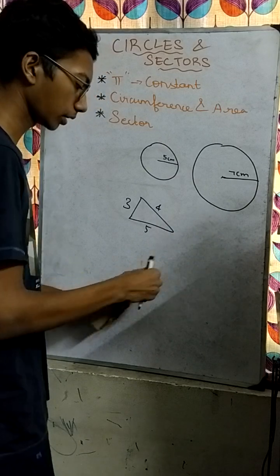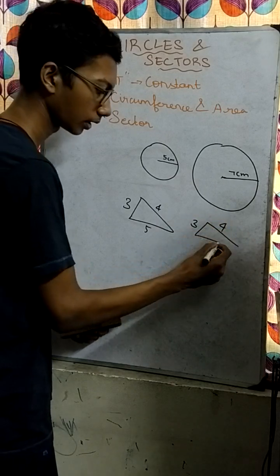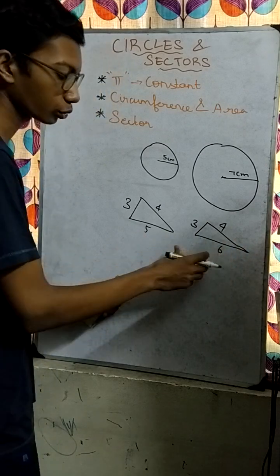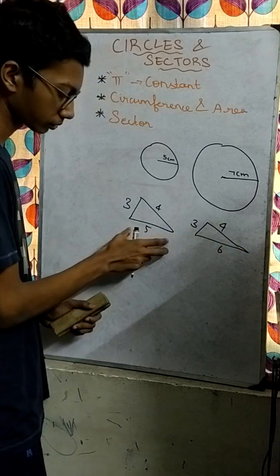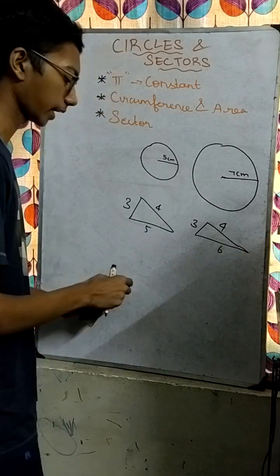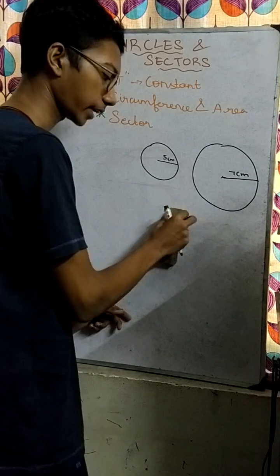Let's take another simpler example. Let's say you keep these sides the same, and if you just extend this, let's say to 6, these two are not similar because you have just extended one side of the triangle. So these two are not similar triangles, although they are triangles.